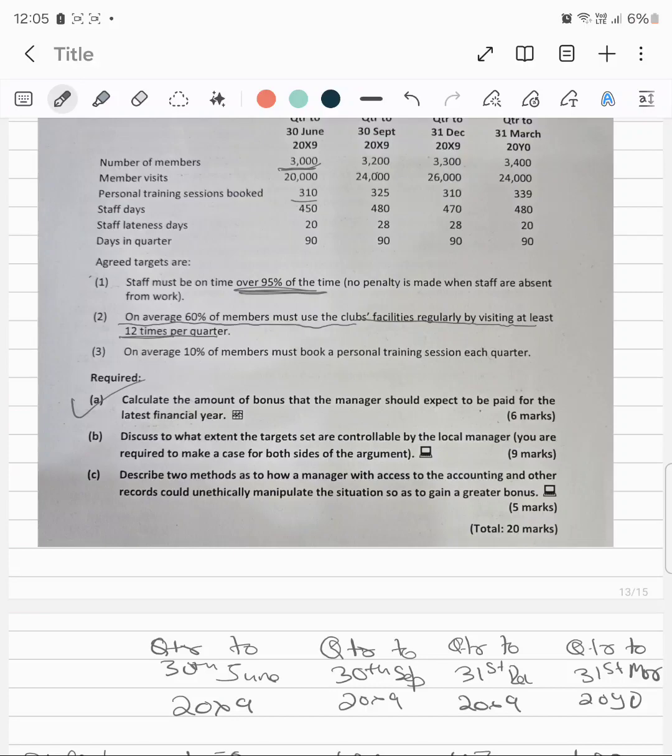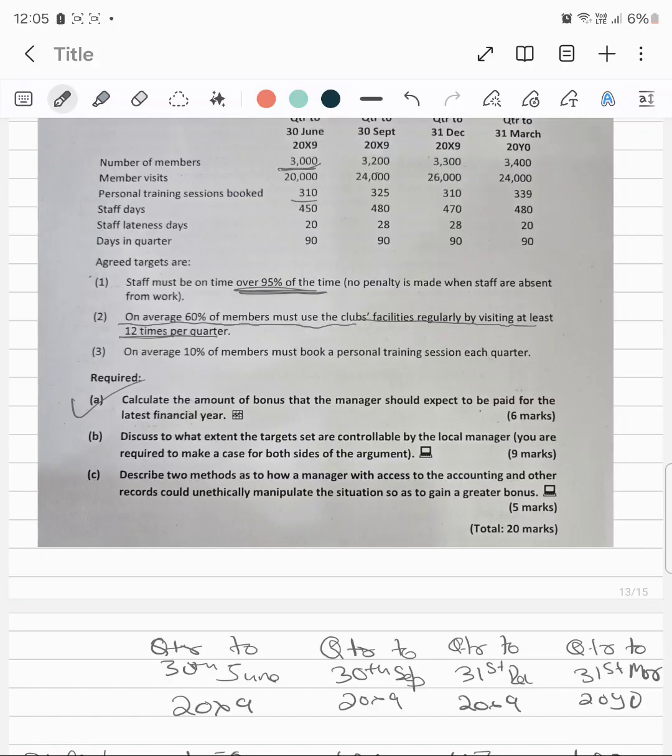So they can go into the MIS, the management information system, which they have access to, and alter it. They can increase the number of visits for a particular quarter, or manipulate the price themselves only to achieve the target.